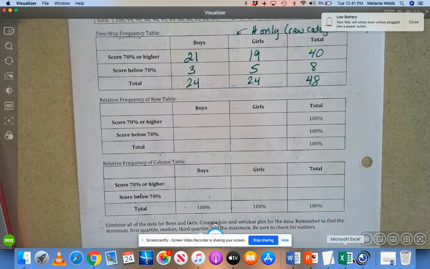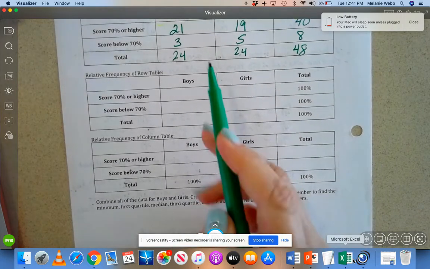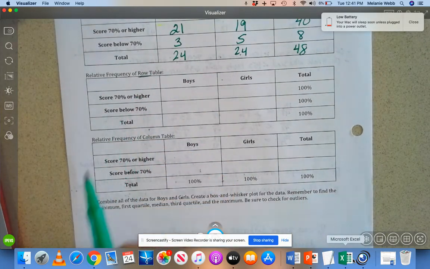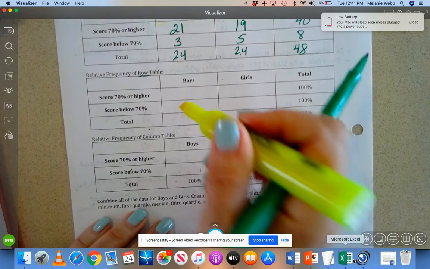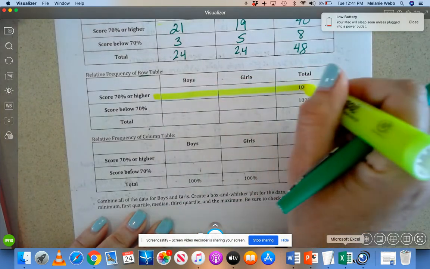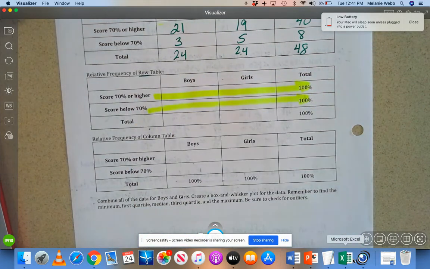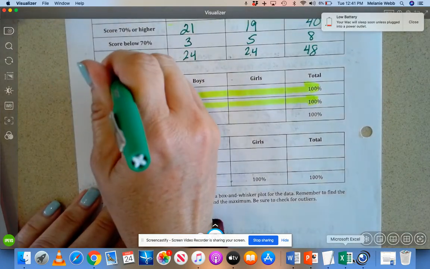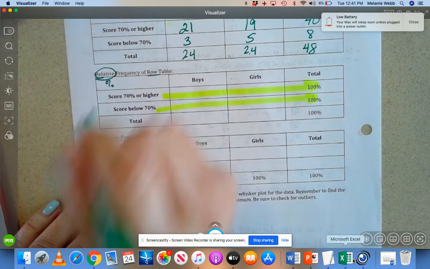Now I'm going to use this data to fill in these tables. Now this one is going to be by row. So we are always going to just be going in this direction, right? Row. Okay, it's a relative frequency table, so that means that we're going to put in percentages by row.